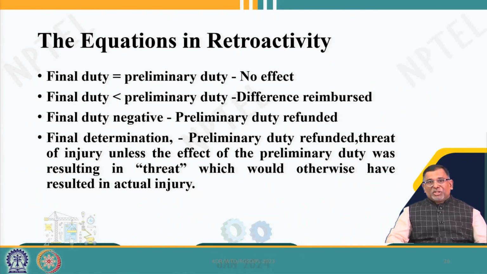So, in the final determination, the preliminary duty is refunded, or, you can say, if there is a threat, or a threat may lead to actual injury, then also this amount can be retained, otherwise it is to be refunded.